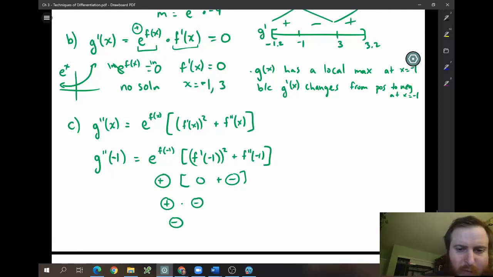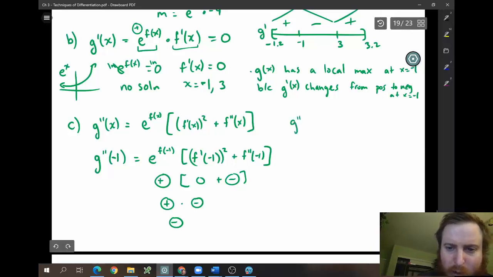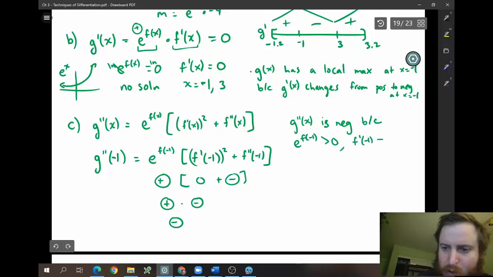So this is really tough, but we can basically say that g double prime of x is less than 0, is negative, because e to the f of -1 will be positive, right? F prime of -1 will be 0, and f double prime of -1 is less than 0. This is probably the only one I need to explain, right?